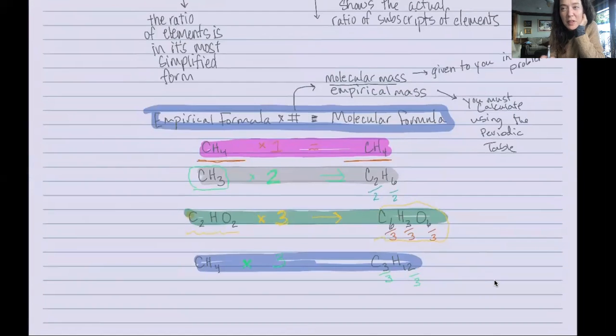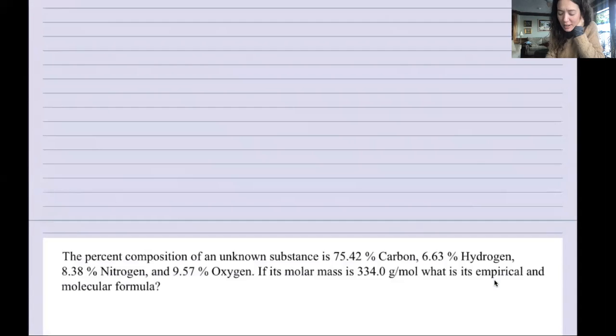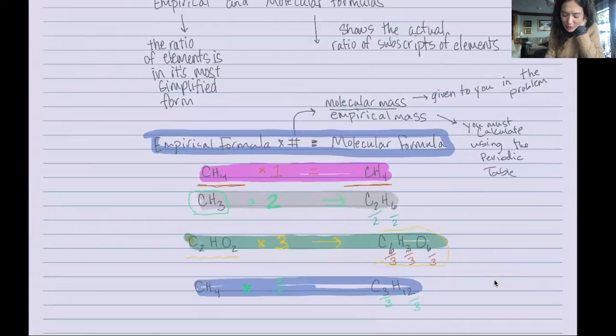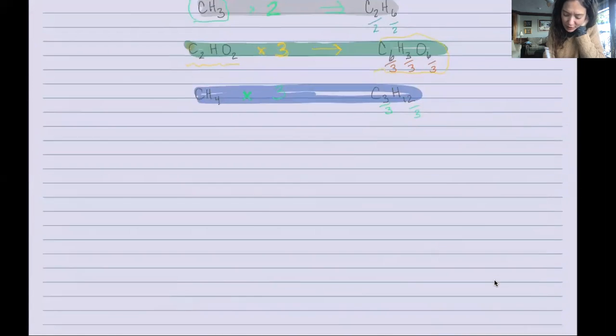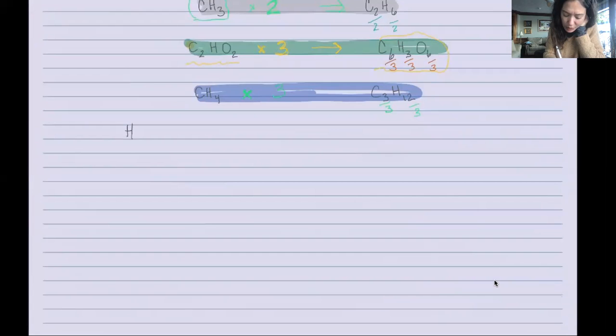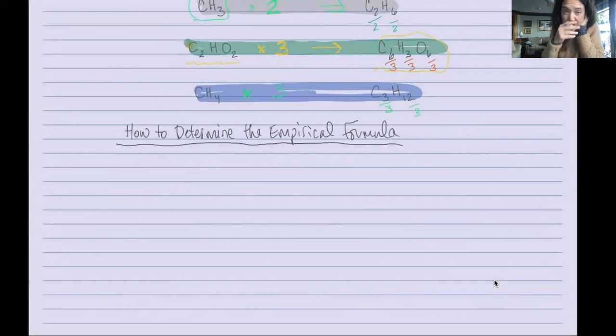Okay, so we just talked about how to go from an empirical formula to a molecular formula. And in order to do that, you need to know the empirical formula. So what I need to tell you next, and failed to tell you, was how to determine the empirical formula. All right, well, it's really easy. We're just going to write out the steps. If you are given percentages, you're going to turn your percent to grams.